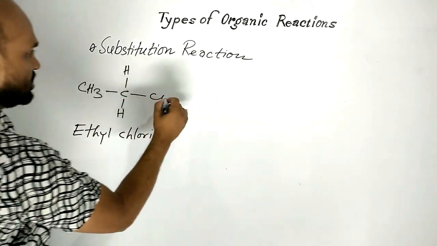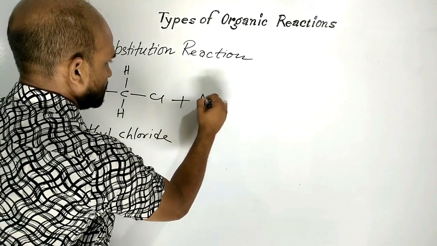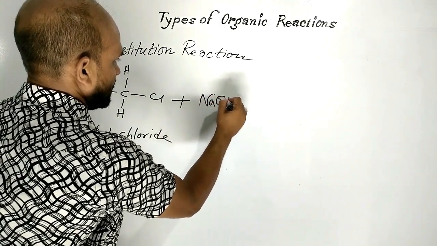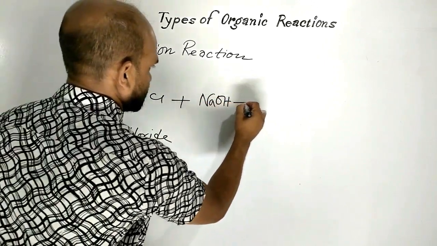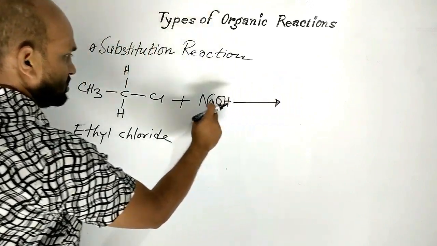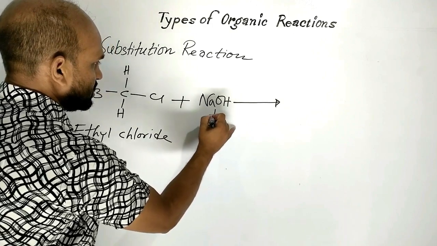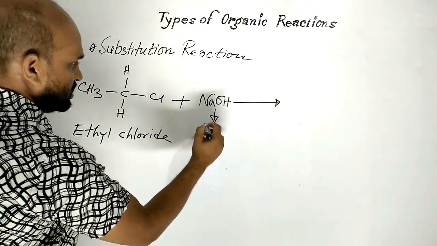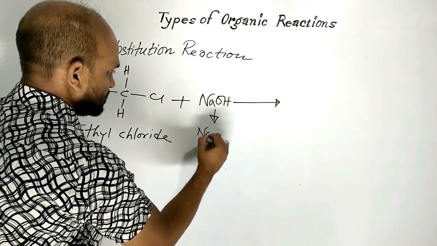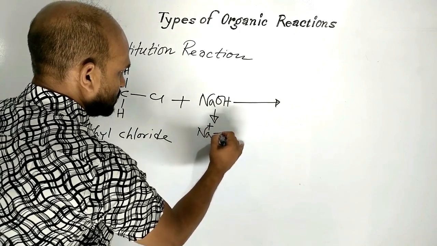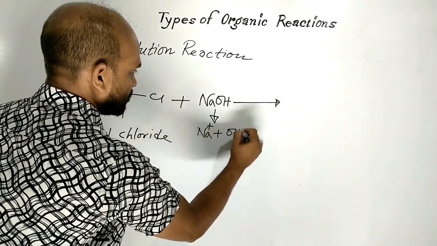When ethyl chloride is treated with sodium hydroxide or potassium hydroxide, then sodium hydroxide, a kind of strong electrolyte, dissociates fully to form sodium ion and hydroxide ion.